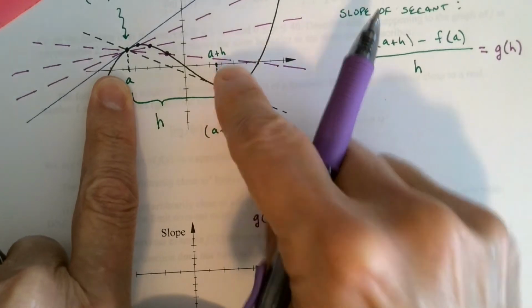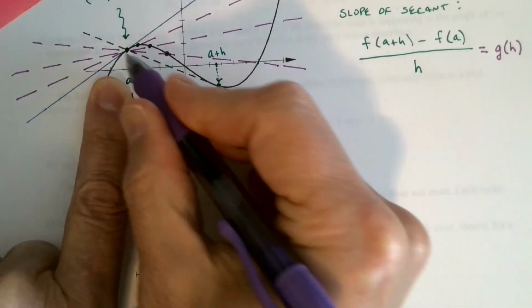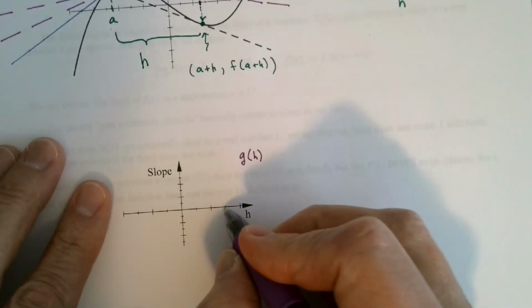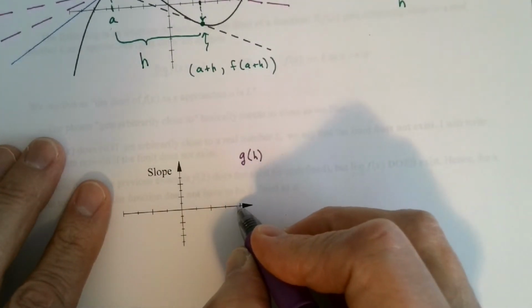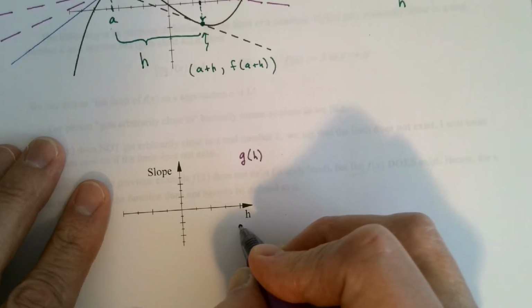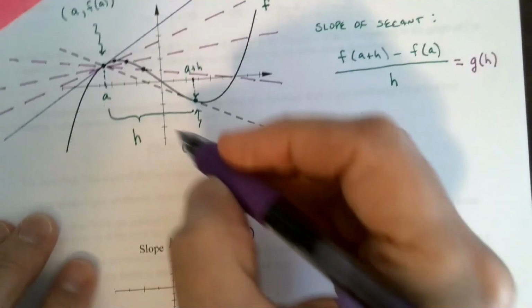Then we're looking at this original secant line, which has a negative number. So if h is some positive number, then we have some negative value down here for the slope.